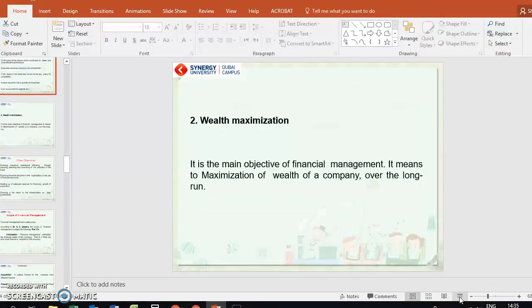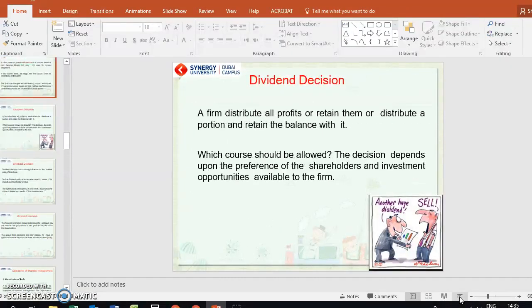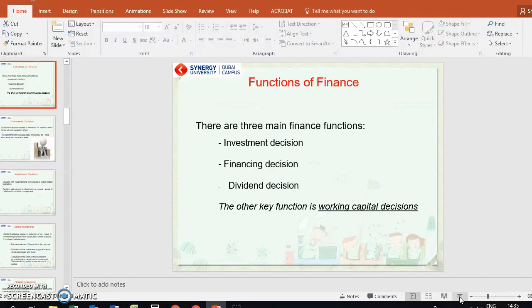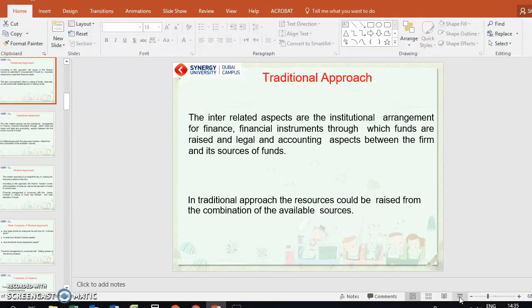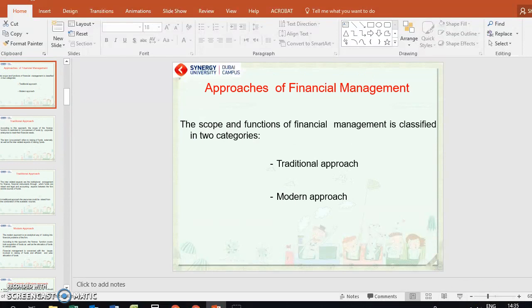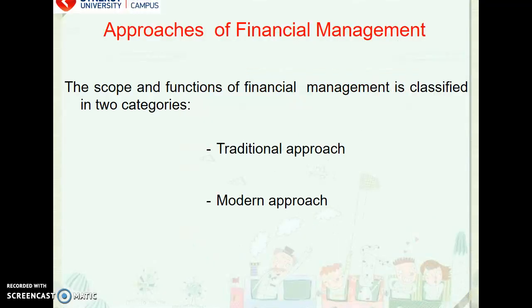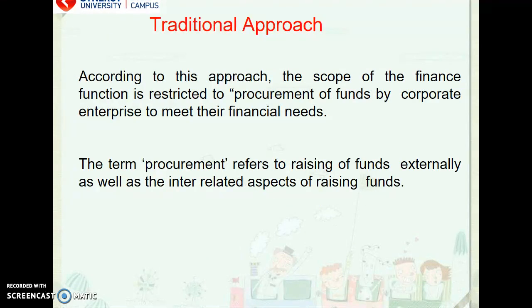From our discussion yesterday, we indicated that we can divide financial management into the traditional approach and the modern approach. The traditional approach looks specifically at the procurement of funds, how the organization can finance its operations, and what the different sources of finance are.